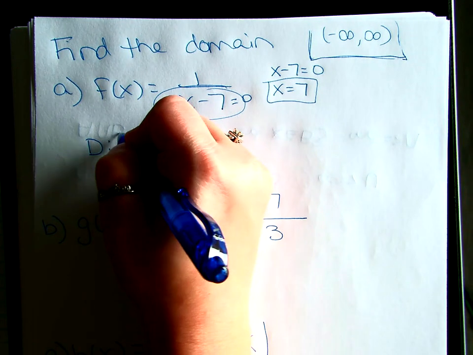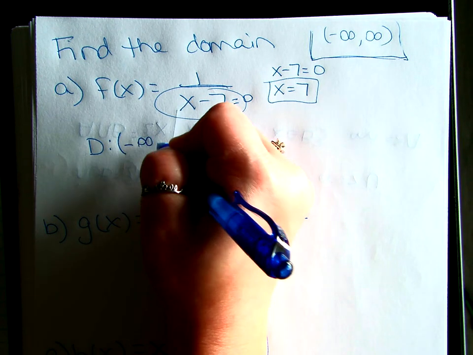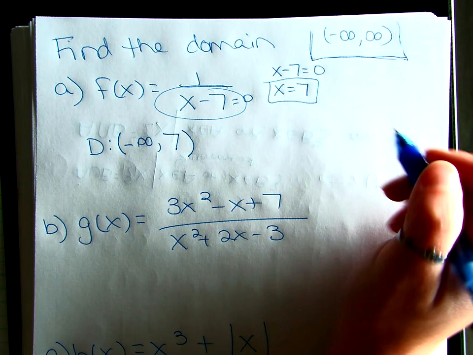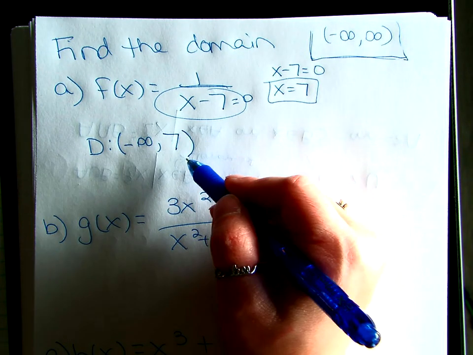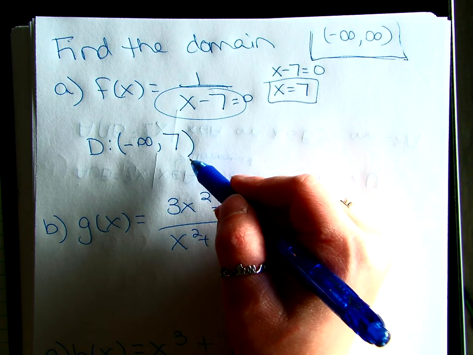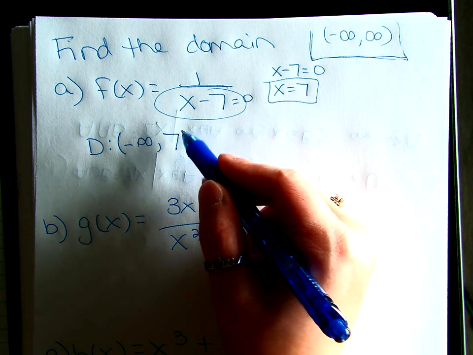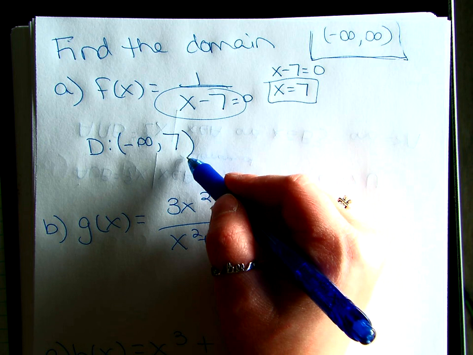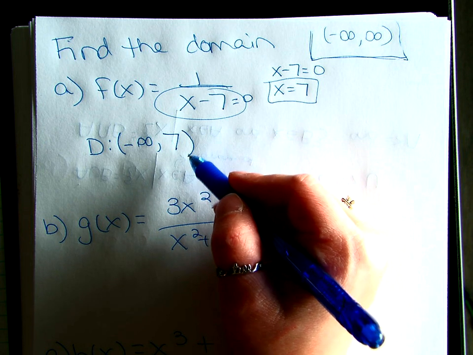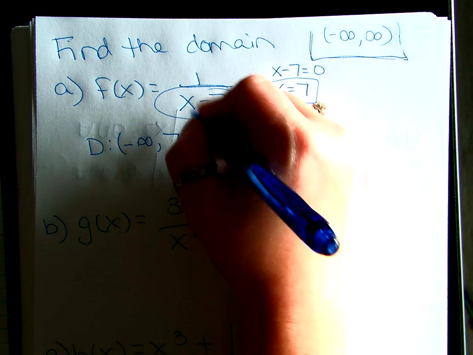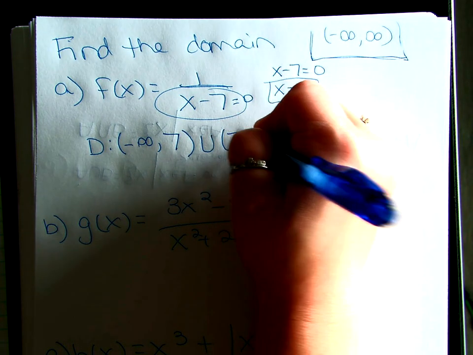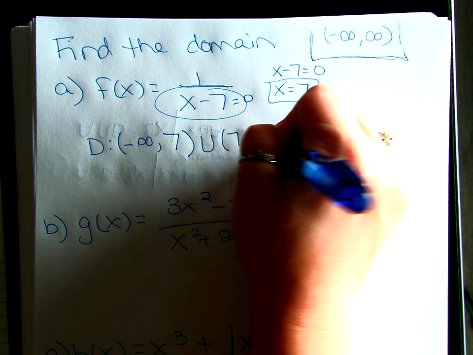So I'm going to start at x is negative infinity, and I can go all the way up until x is 7. We use this parenthesis here because I don't want to include 7 in our domain set. If you use a parenthesis with interval notation, that means you do not include the boundary point, that endpoint. Then I'm going to union that with 7 to positive infinity.